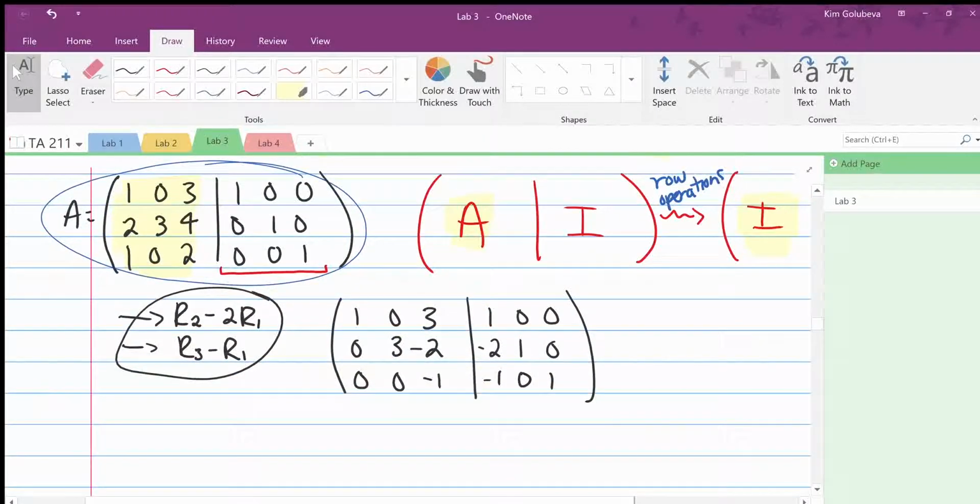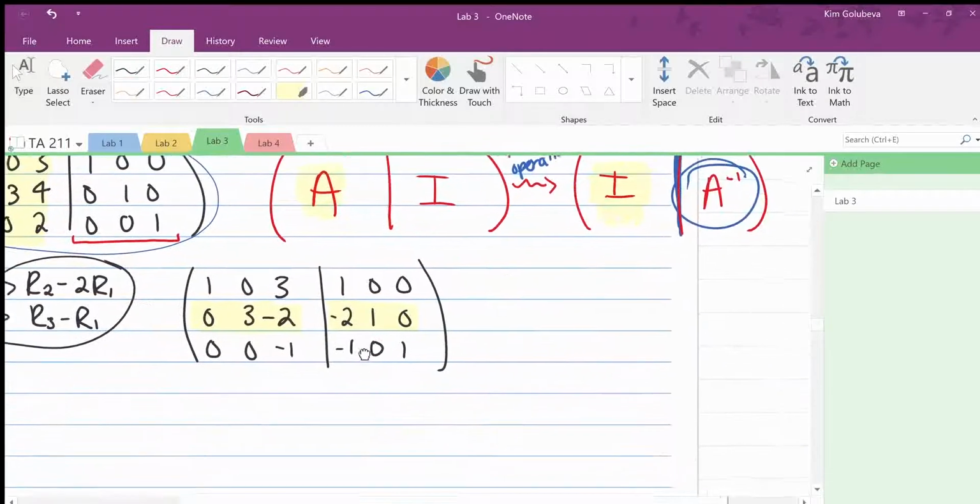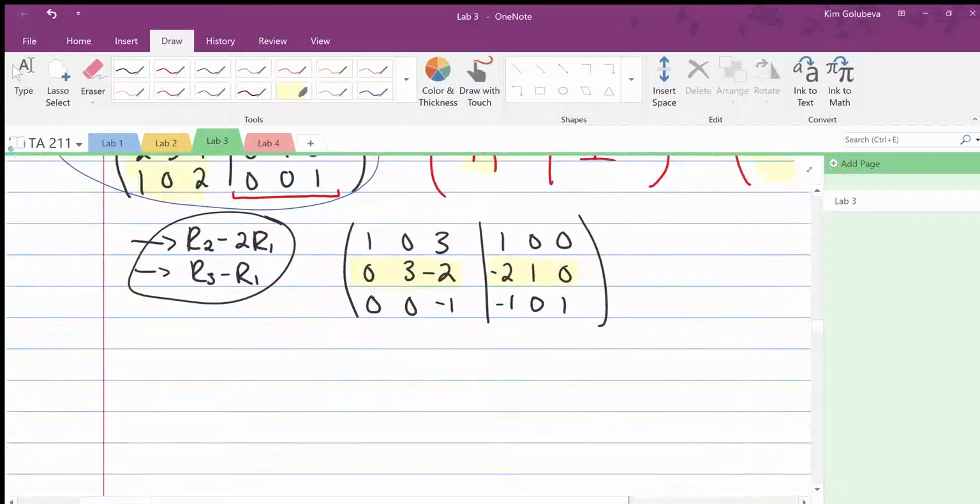In this one I'm just doing row 2 minus 2 row 1, and whatever I do to this side I'm also doing to this side, just the same as if I had just one column in there. Nothing changes. Doing row operations on both of the sides.